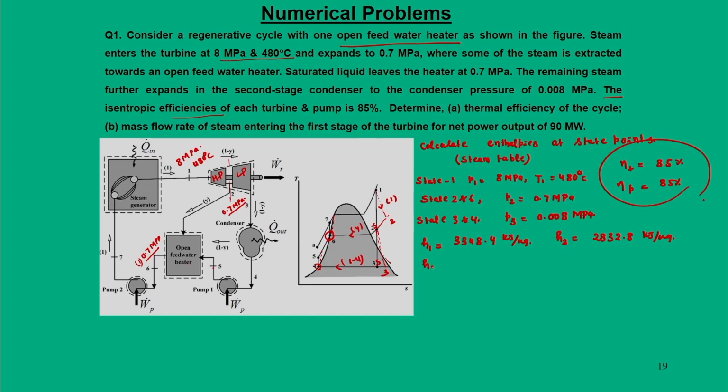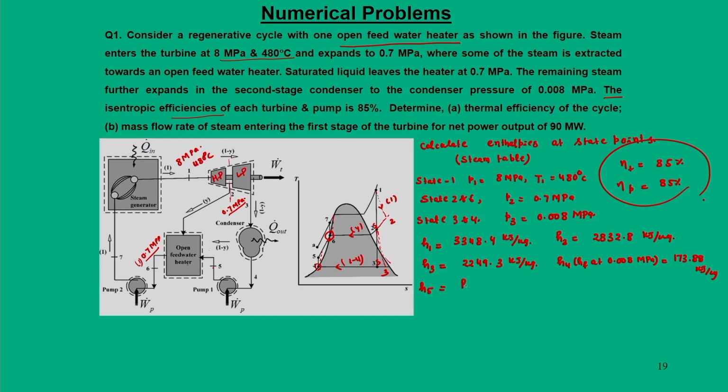Then H3 can be calculated from the turbine efficiency, that is 2249.3 kilojoule per kg. H4 is nothing but HF at 0.008 megapascal, so this value is 173.88 kilojoule per kg.